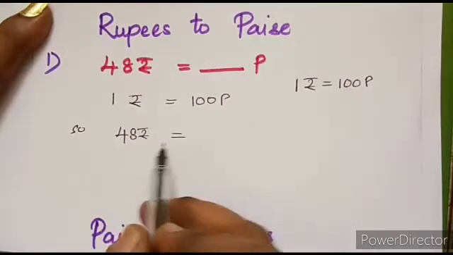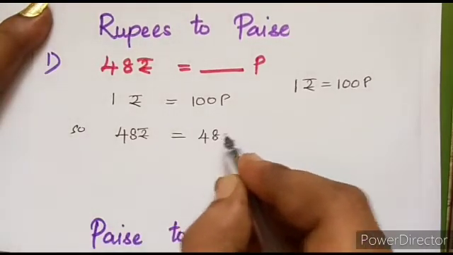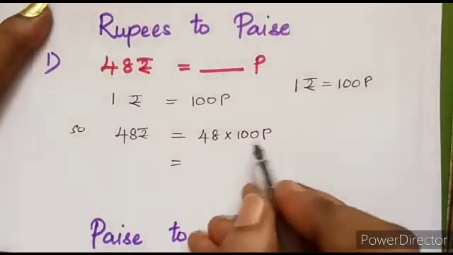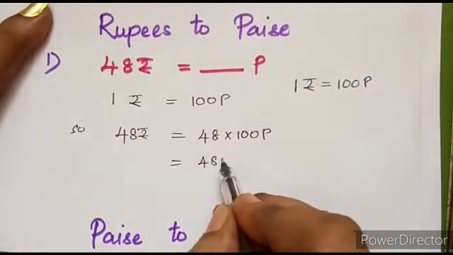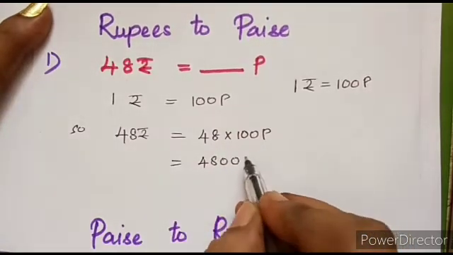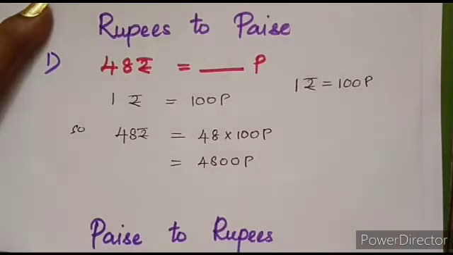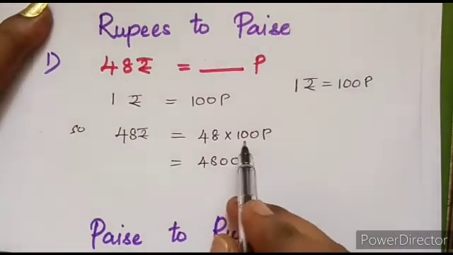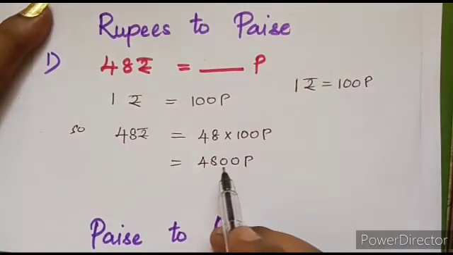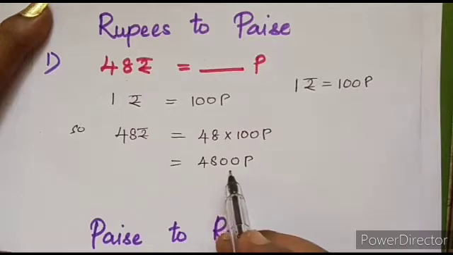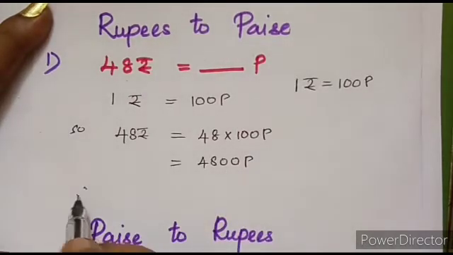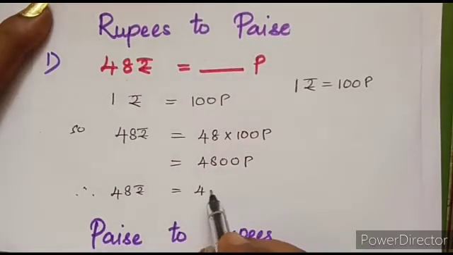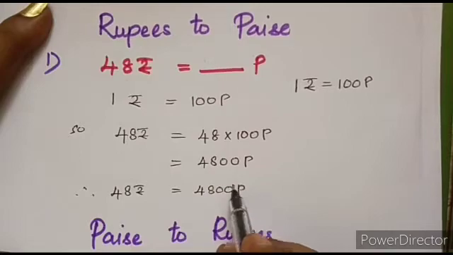So 48 rupees is equal to 48 into 100 paise. 48 into 100, that is 48 and two zeros, 4800 paise. This is very easy, you can do it directly. 48, then the two zeros, 4800 paise. Therefore, 48 rupees is equal to 4800 paise.